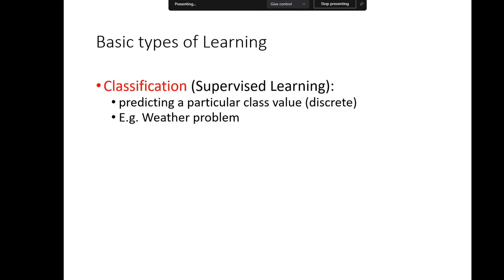The very common type of learning is called classification. Like given a weather prediction problem, we need to identify what will be the weather condition, for example, tomorrow, right? So basically, that could be a particular value that you are going to predict, maybe a type, maybe sunny, overcast, or rainy, something like that.